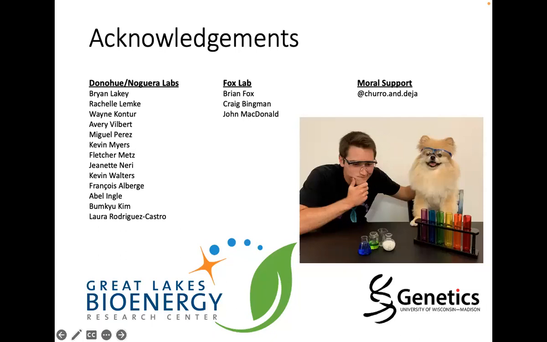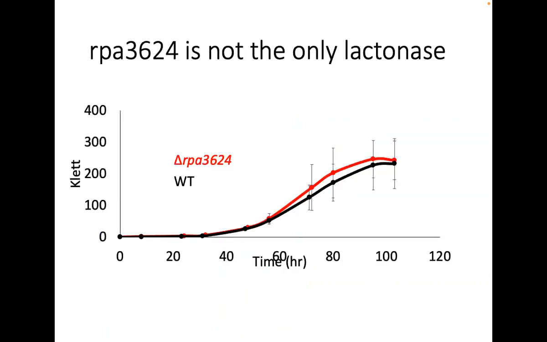Yeah, that's really interesting. So I did delete this lactonase gene, and it appears it's not the only one. When I delete this gene, the cells can still grow on GVL, and they don't seem to show any growth defect. And when I test the cell extracts from these mutant cultures, I still detect some GVL hydrolysis activity, about a quarter of what I detect in wild type.